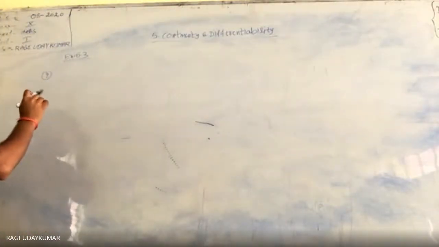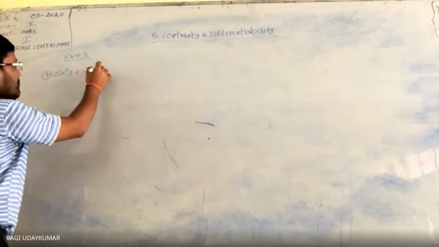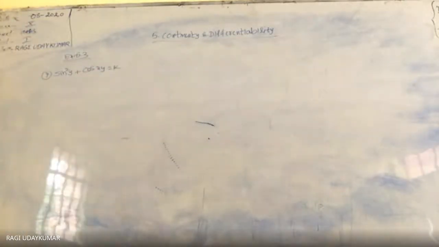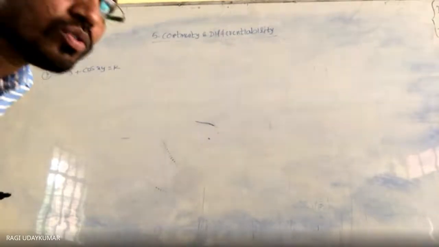The question given to you is: sin square y plus cos xy is equal to, is it k or any other number?